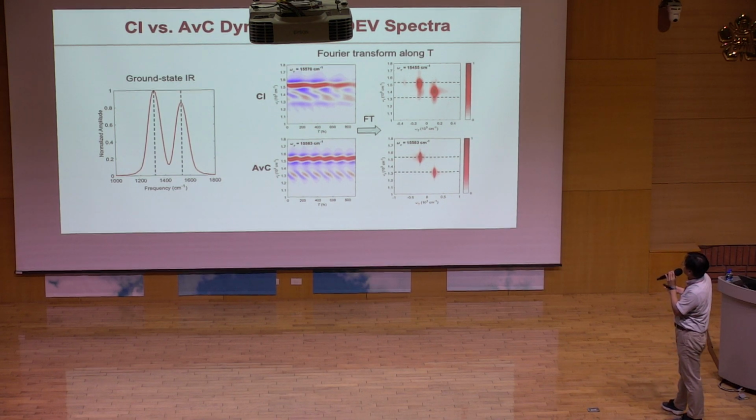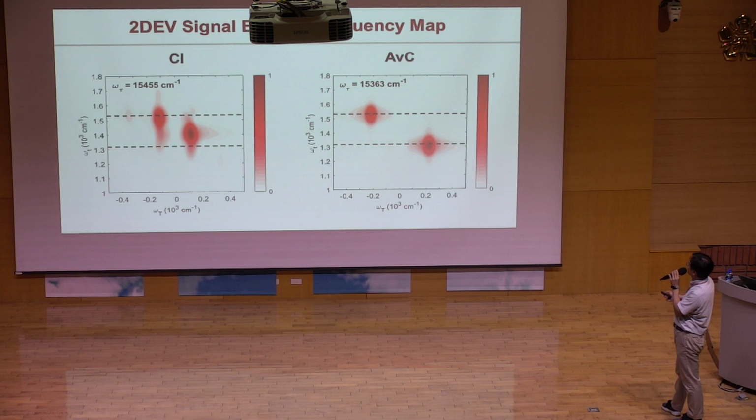This map for the conical intersection signal and the avoided crossing signal shows very interesting differences, because in avoided crossing there's no peak here and it's sitting right on its frequency. But in conical intersection dynamics, the peak actually shifted and there's a cross peak here. We should focus on this cross peak.